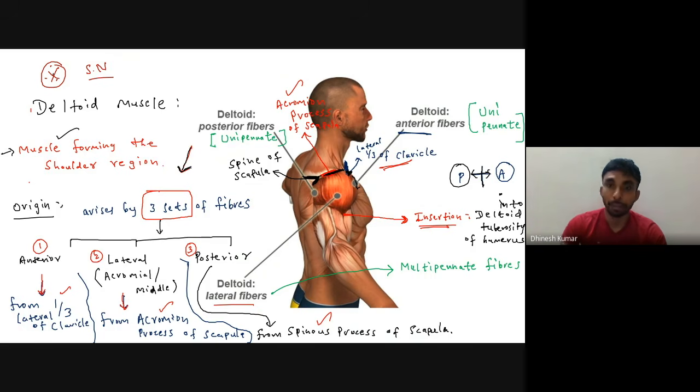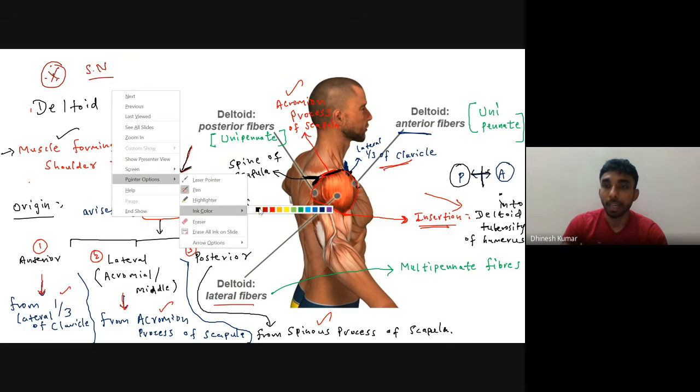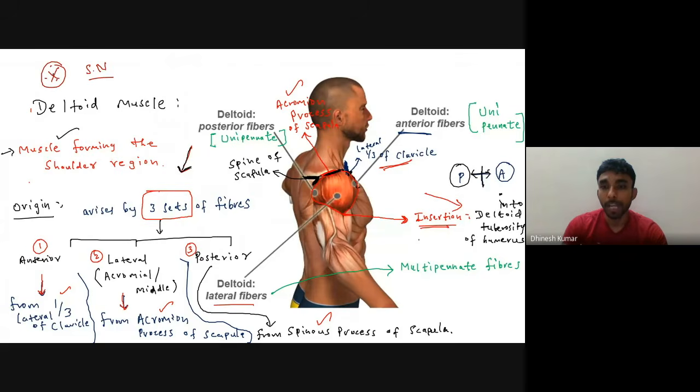As I told already, all these fibers have a wide origin, but a very narrow insertion into the deltoid tuberosity of humerus bone. What is the shape of the deltoid tuberosity? It is V-shaped. So the fibers are inserted into the V-shaped deltoid tuberosity of humerus bone.